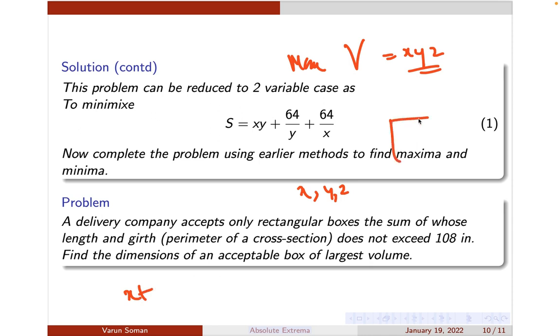If you take a cross section of the rectangular box, it is a rectangle with dimensions the width, which I am taking as y, and the height, which is z. The perimeter of that cross section is 2y plus 2z, that is 2 into (l plus b). So they have given you that x plus 2y plus 2z is equal to 108.